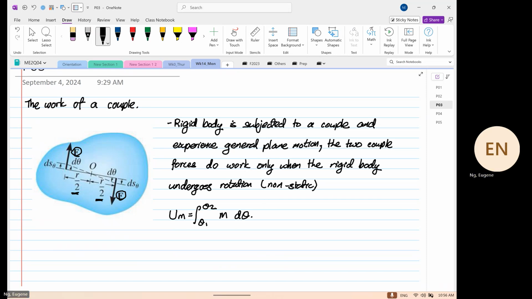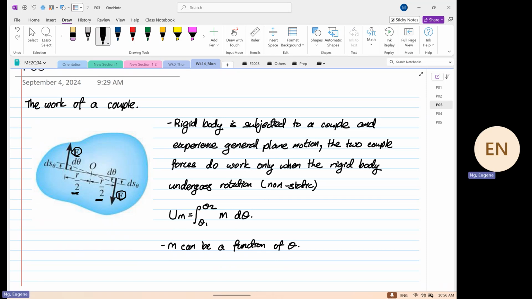Now M for this case can be a function of theta.